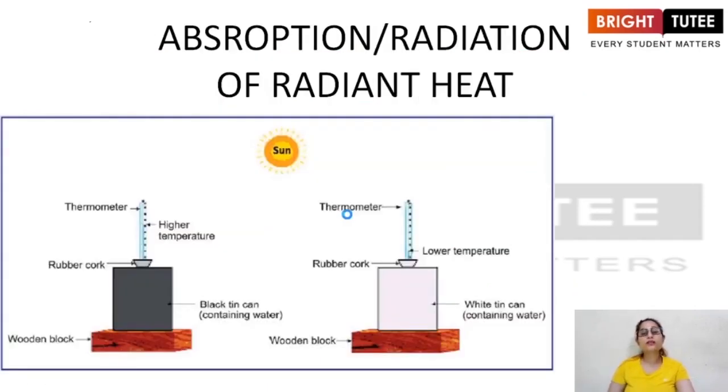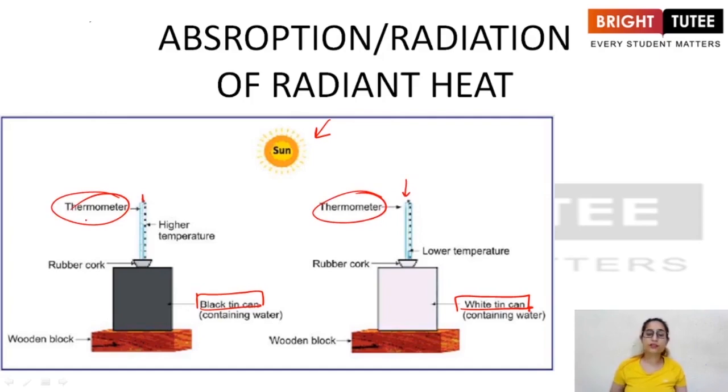Now, absorption or radiation of radiant heat. You have to understand that radiation energy is absorbed and radiated as well. Let us start. This is the sun. You have taken two bodies: the first one is a black tin can and the second one is a white tin can. Now you have put thermometers on both of them and you have put them under the sun.